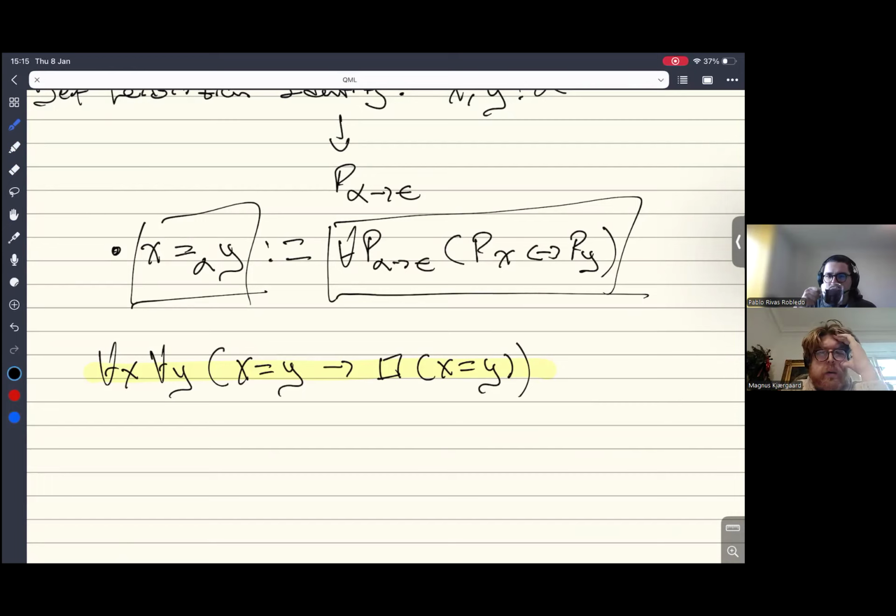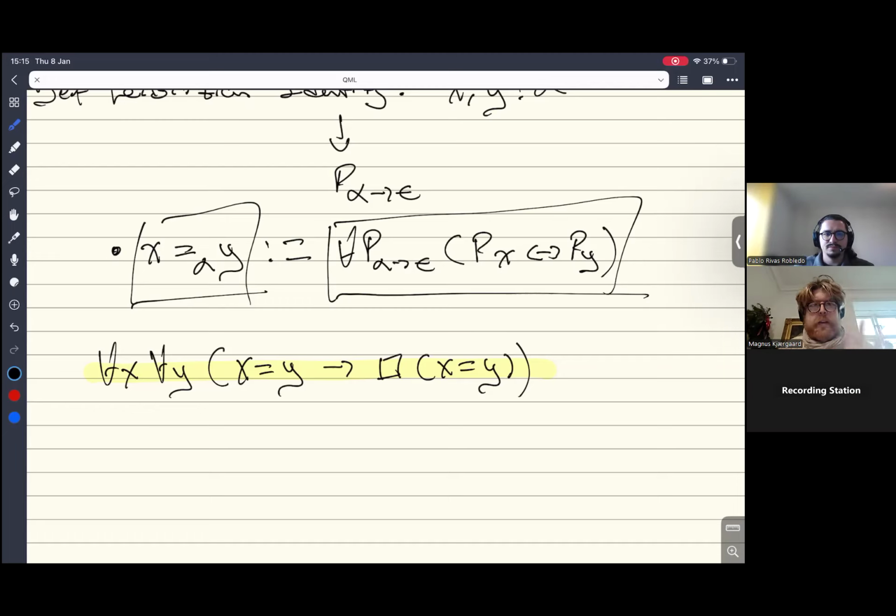Magnus, please. Yeah, I'm wondering, depending on how you see it, is this formula even saying anything? Because usually when we're talking first order statements, we count forms of x equals x, things equal to themselves, in the realm of tautologies. And usually when we're doing modal logic, we require that tautologies be true everywhere. So it's saying that something implies box something.